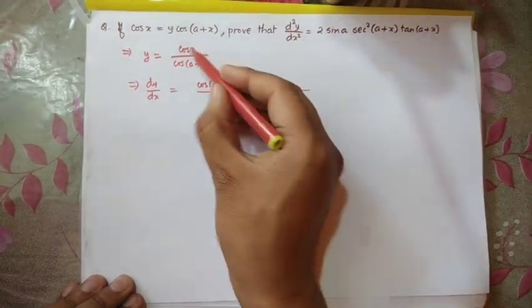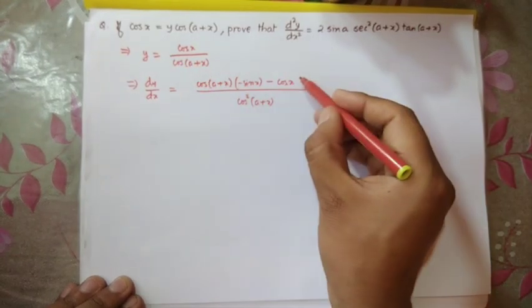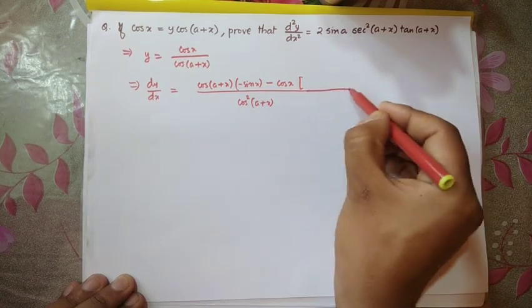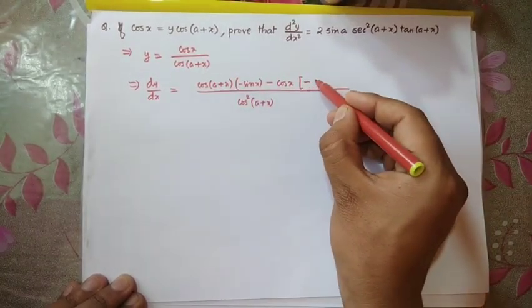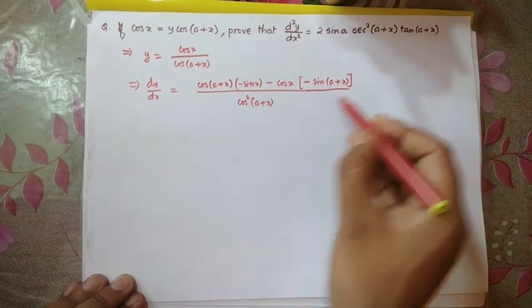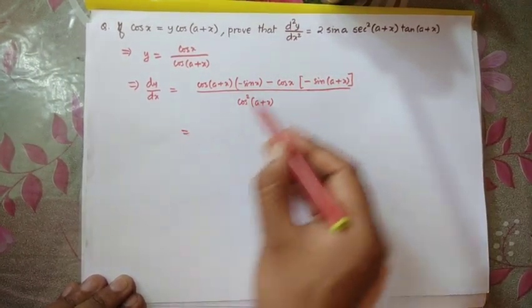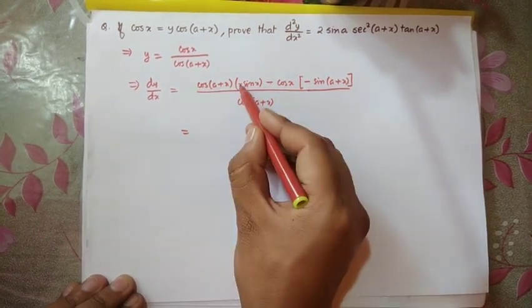Now we'll keep the numerator as it is and differentiate the denominator, and the derivative of the denominator, cos (a plus x), will be minus sine of (a plus x). Let us simplify this. So minus into minus is plus. Here I've got plus, so plus into minus becomes minus.